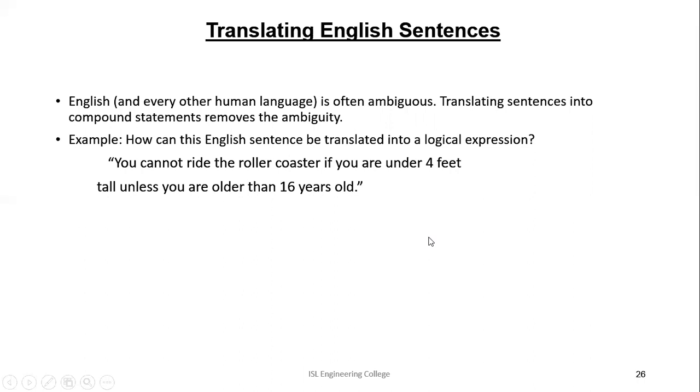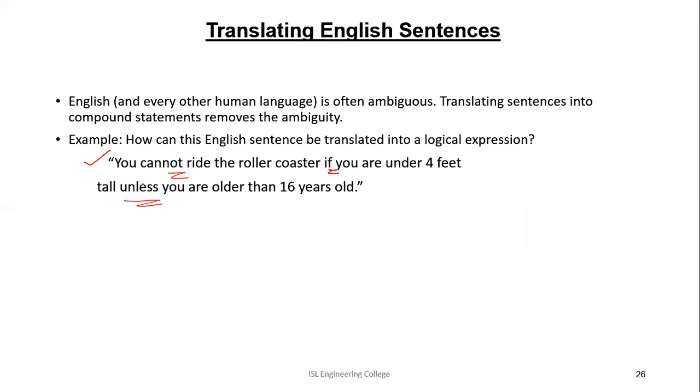Now the example is this: you cannot ride the roller coaster if you are under 4 feet tall unless you are older than 16 years old. Now we have to first identify what are the connectives in this statement. So we have the connectives if, and we also have a not, and we have an unless.